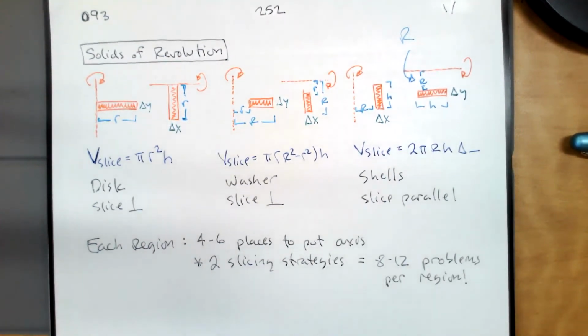So each time we define a region, we'll have 4 to 6 places. Well, actually, there's way more than that.